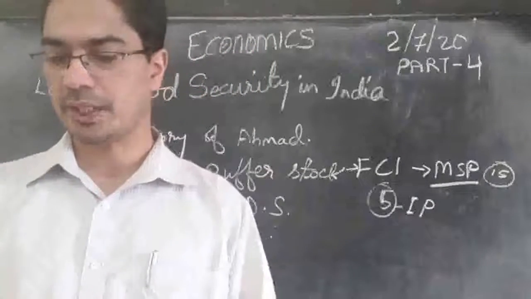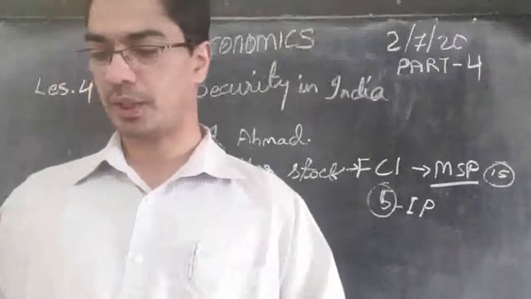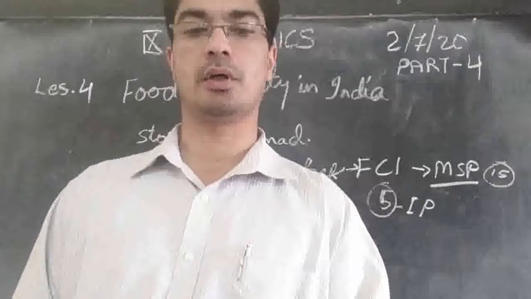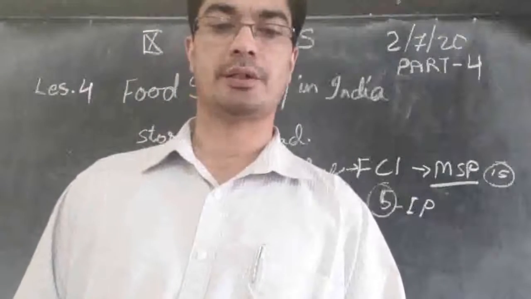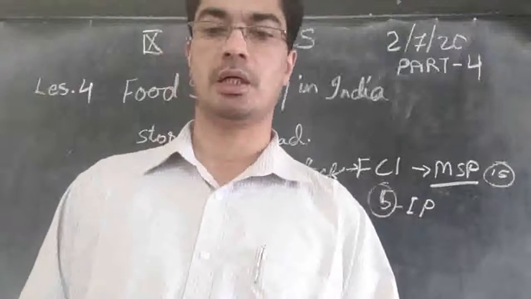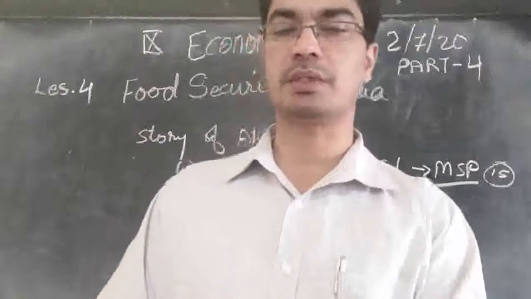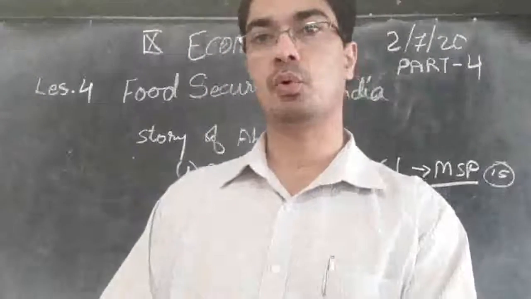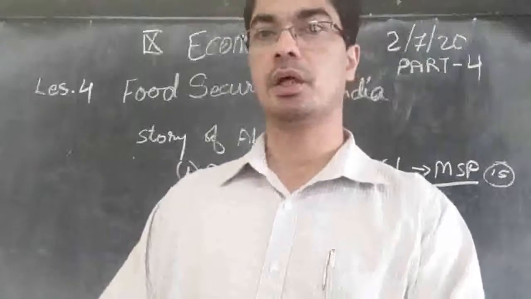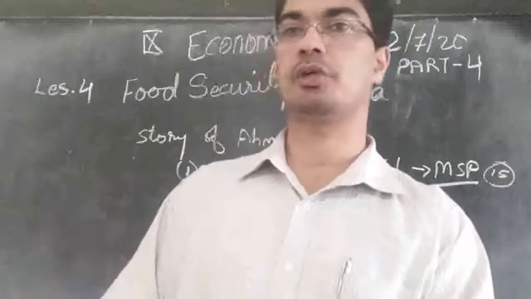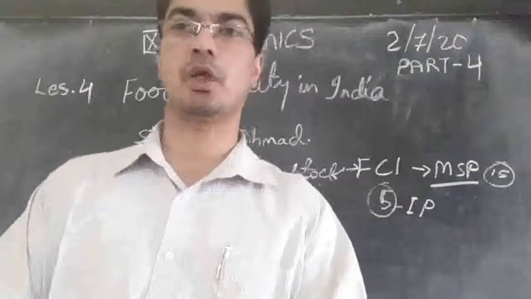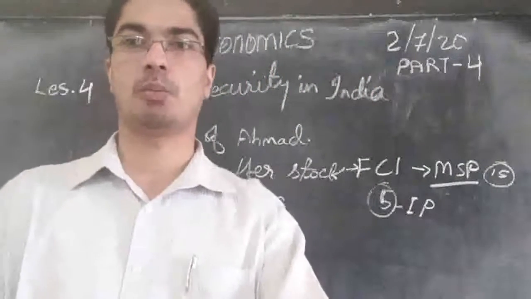Then these items are sold to people at a price lower than the market price, and any family with a ration card can buy a stipulated amount of these items. So people who are poor will have a ration card or a BPL card and go with that card and show it to the shopkeeper, and he will give things at a much lower rate than that of the market.